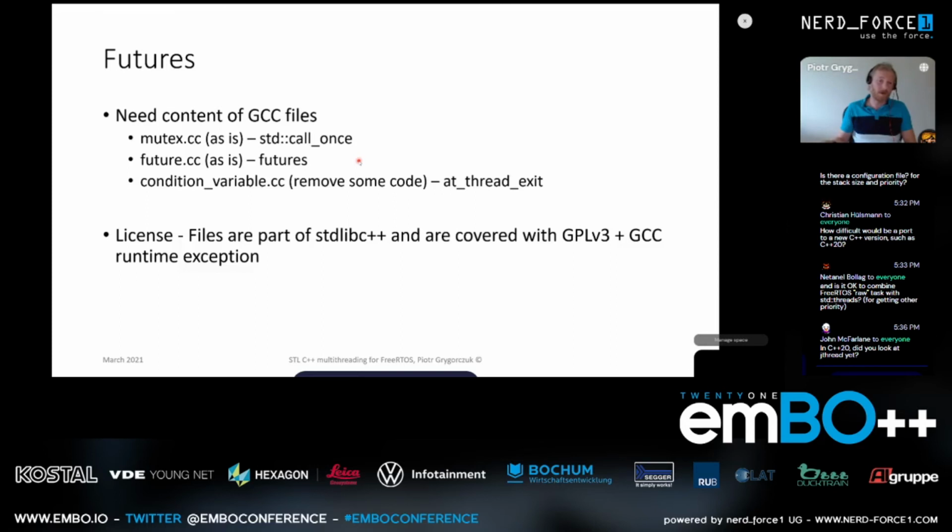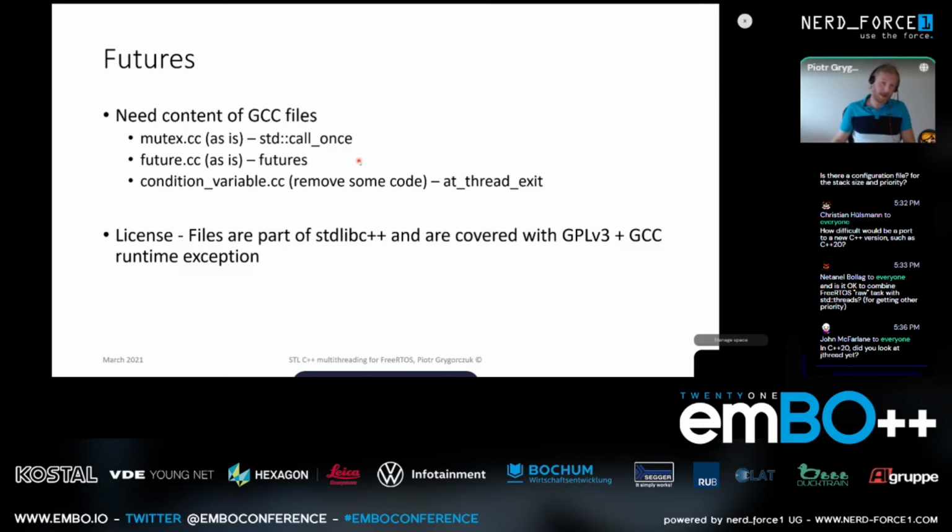Then I found out that the ARM non-EABI compiler is dedicated for single-threaded use. So there are compile flags set to say that anything related to multithreading can be removed from the compilation, and this is the case for the futures.